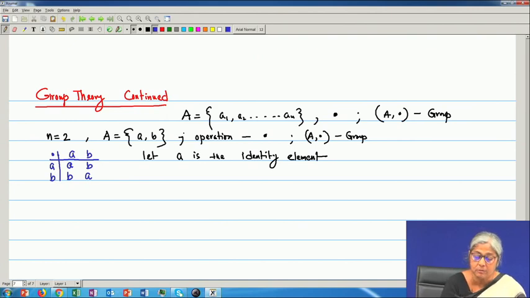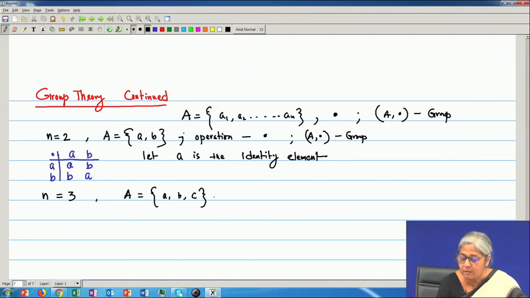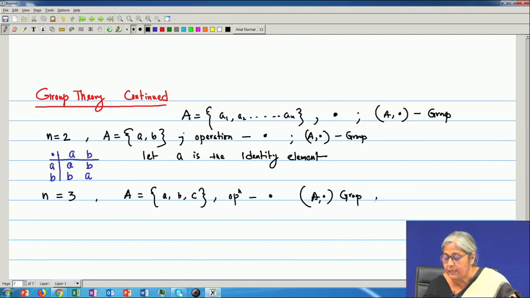Now, if I continue this thing for n equal to 3, and my set is A, B, C, the 3 element set, the operation is as usual dot, and A dot forms a group and A is the identity element.